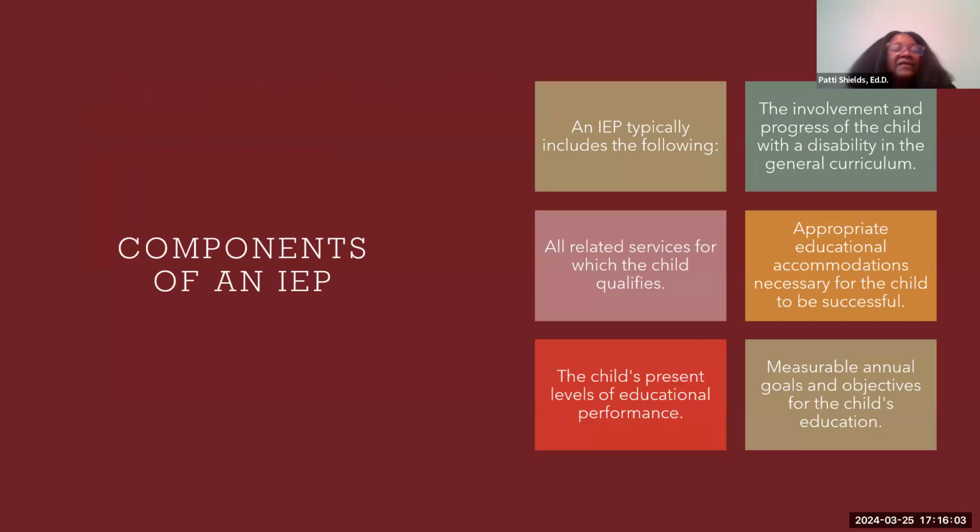Even speech and language pathology is considered a related service. It also includes appropriate educational accommodations necessary for the child to be successful, the child's present levels of educational performance, and measurable annual goals and objectives for the child's education.